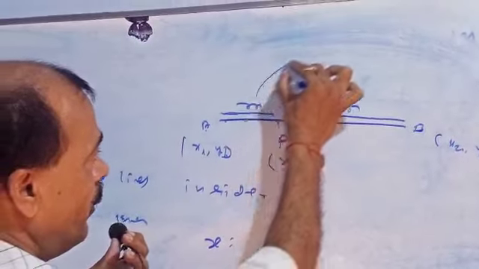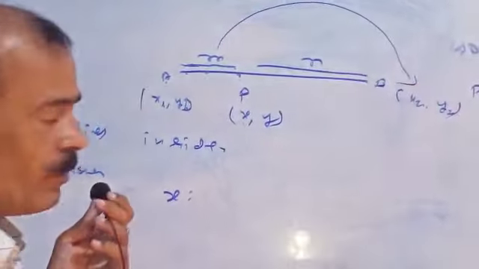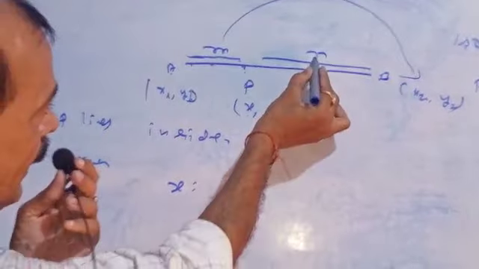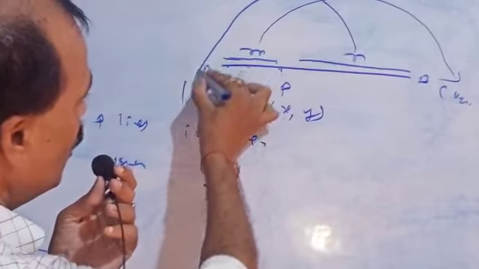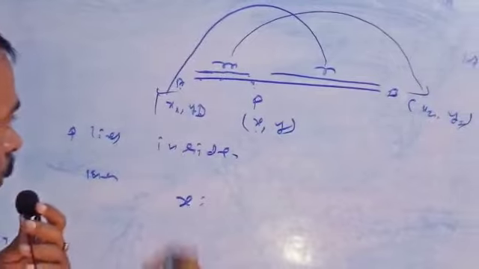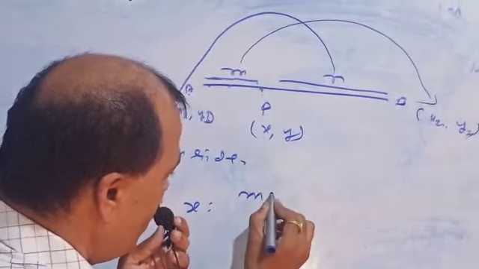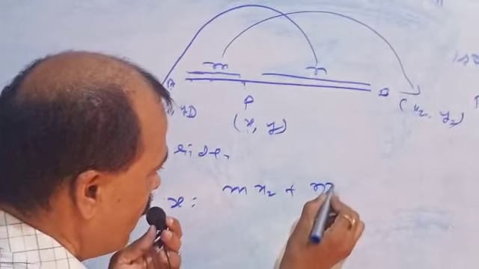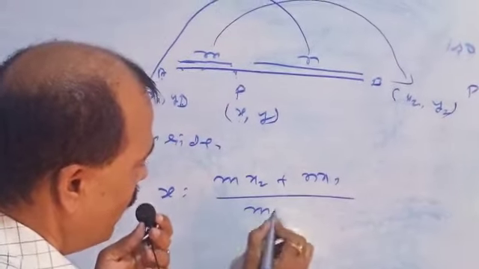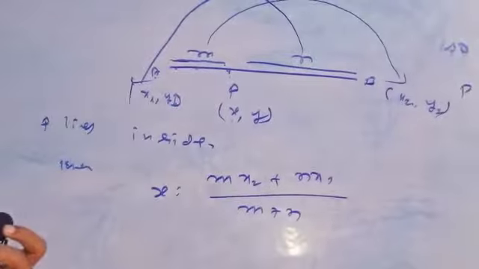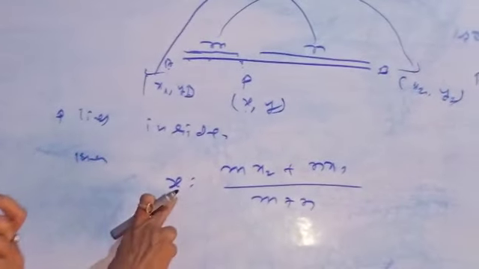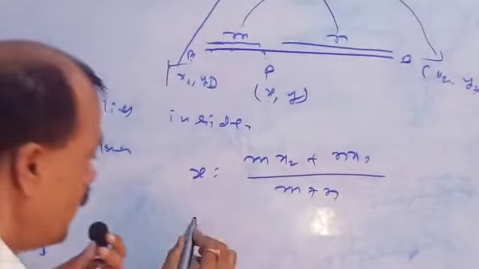This m will be multiplied by x2 and n will be multiplied by x1. The abscissa x equals (m x2 plus n x1) by (m plus n). This is the formula to get the value of x.